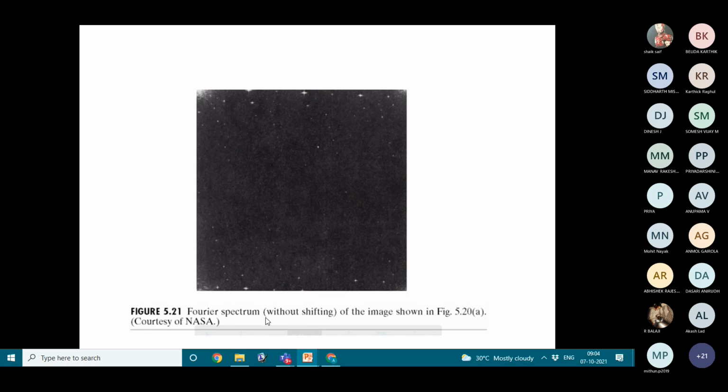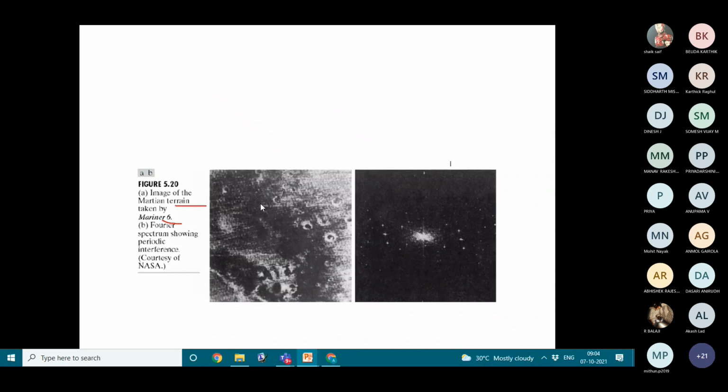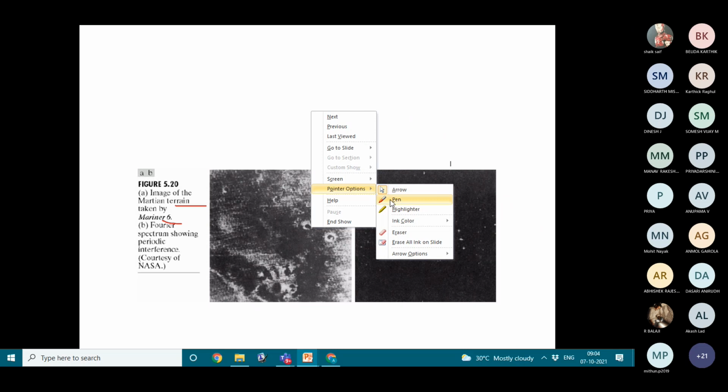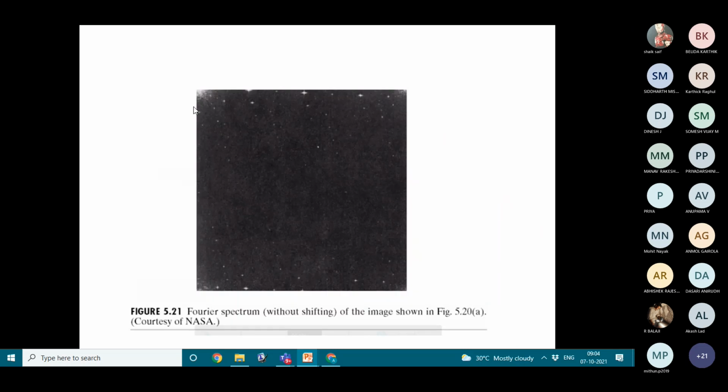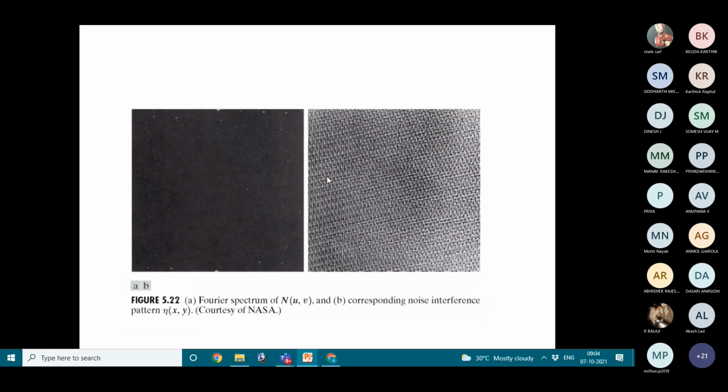And this is the Fourier transform. If we are not shifting, we would have to multiply by minus 1 to the power x plus y to shift it. So if we do not shift the Fourier transform of the image, it will look like this. Figure 5.20. Here it is shifted, but here, if we do not shift, it will look like this.